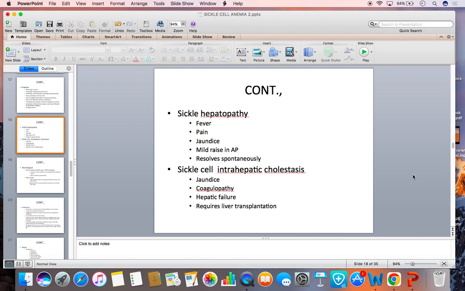But sickle cell intrahepatic cholestasis resulting in jaundice, coagulopathy, hepatic failure requires liver transplantation. Chronic involvement of the liver, where its architecture is disturbed, warrants liver transplantation.